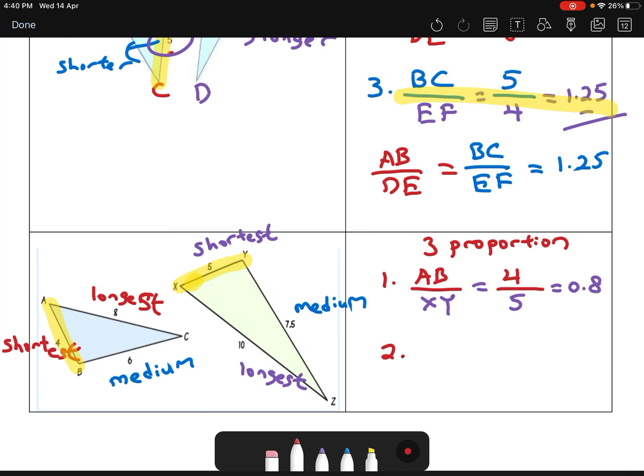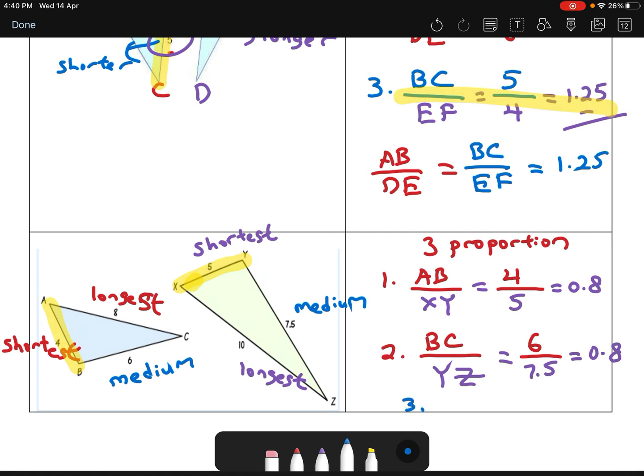Number two, I compare the medium one: BC divided by YZ. BC is about 6, YZ is about 7.5. If you calculate, you should get 0.8 also.